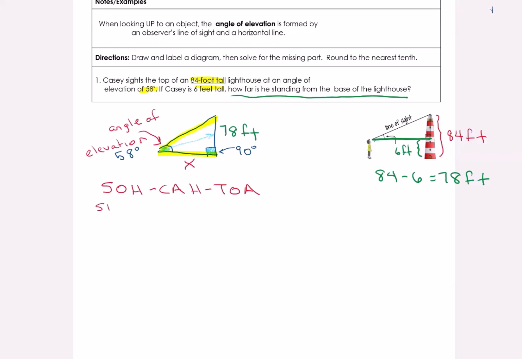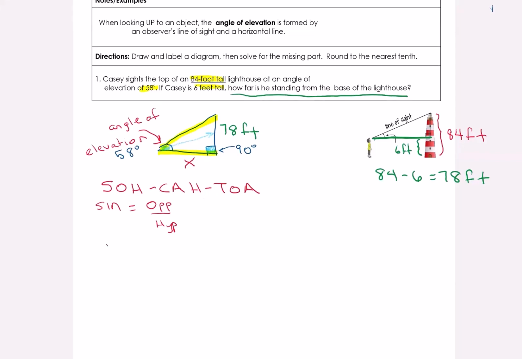Sine is equal to the opposite over the hypotenuse. The cosine is equal to the adjacent over the hypotenuse. And the tangent is equal to the opposite over the adjacent.